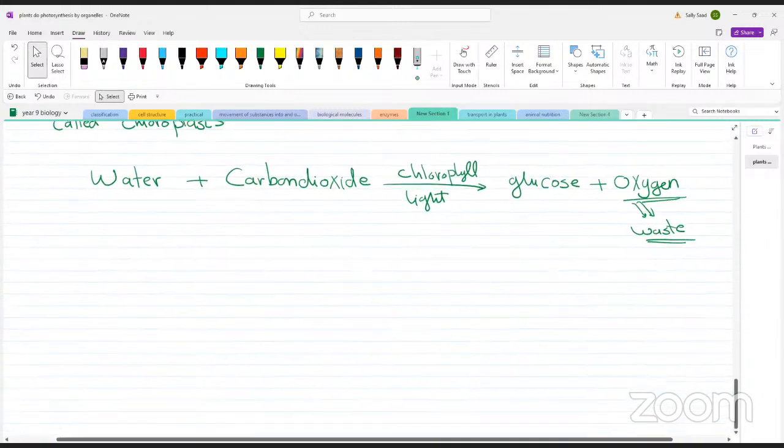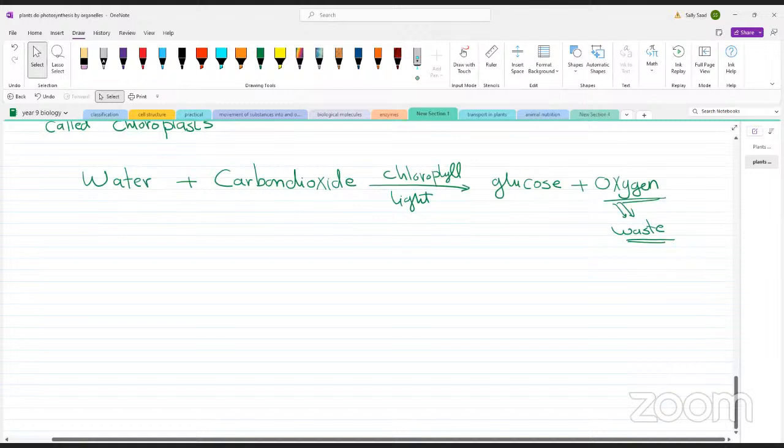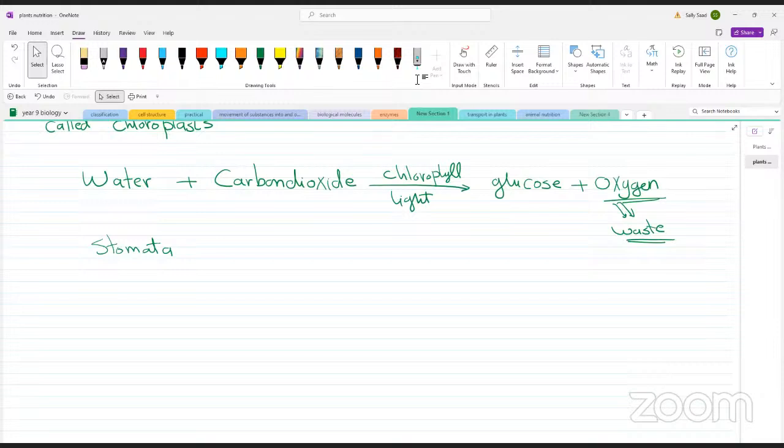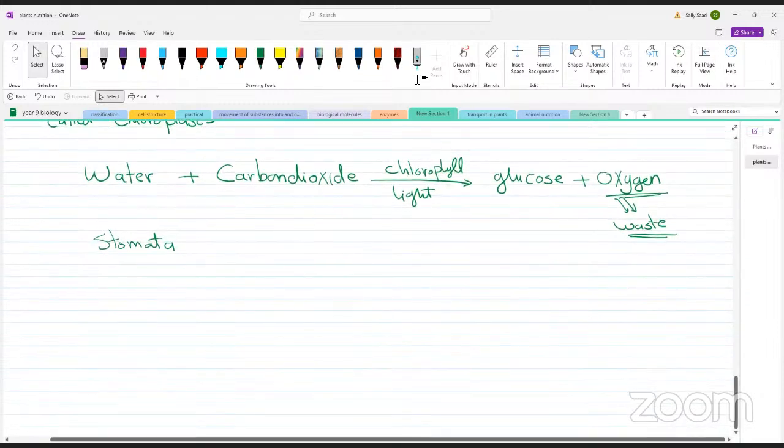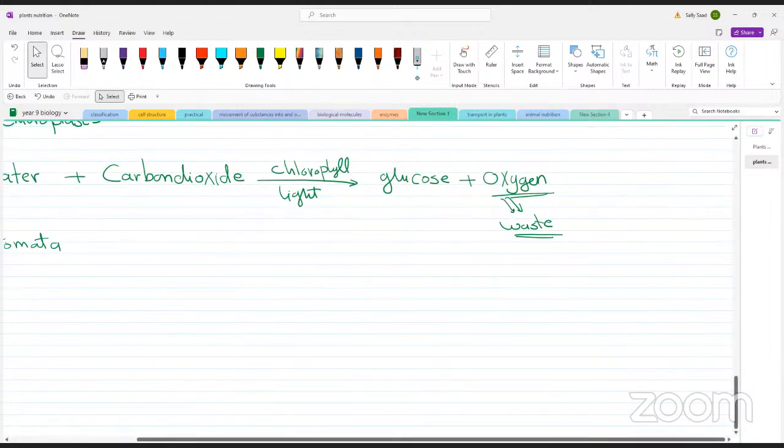Okay? So stomata, okay, opens if there is gas exchange. Okay? Plants make photosynthesis, and respiration uses oxygen and glucose, right?